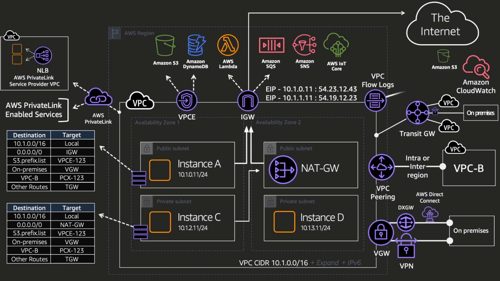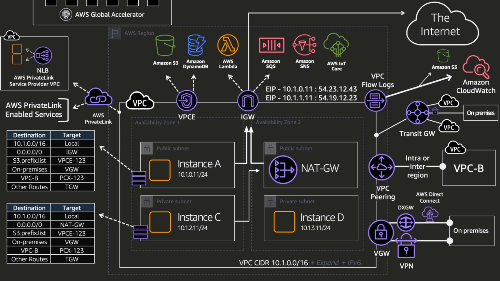For metadata of traffic going in and out of the VPC, we can use VPC flow logs. And then lastly, we've got Global Accelerator up here on the left-hand side. And Global Accelerator is like an Anycast service. It's much, much more than that, but it basically allows you to front things in the VPC at our edge locations using Global Accelerator.